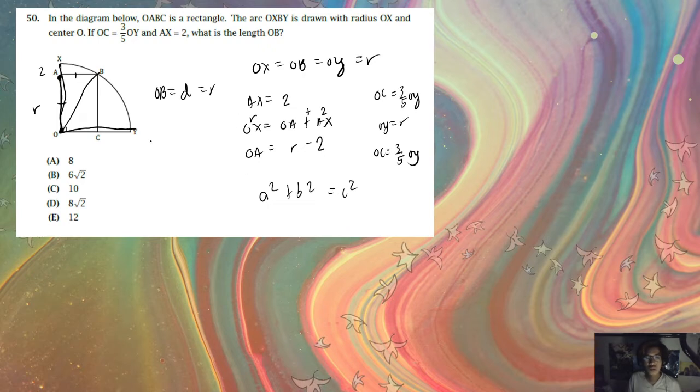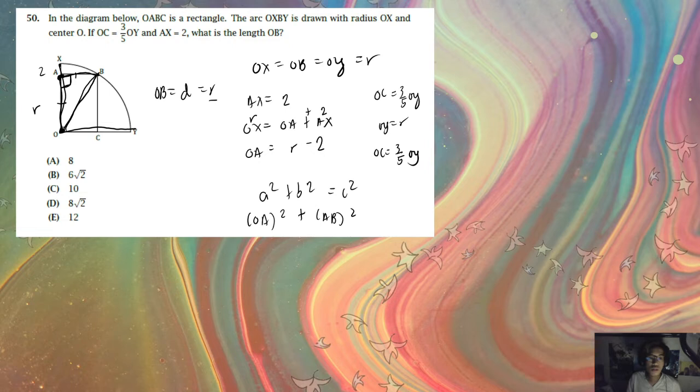Therefore, we can now solve for the value of the diagonal through the radius of the circle. Since OA is a part of that rectangle, and OA also forms a right triangle here, we can square it plus the square of AB.